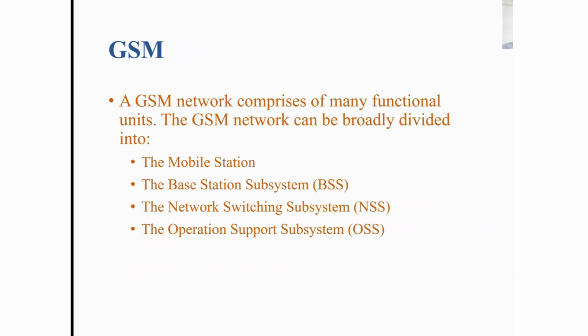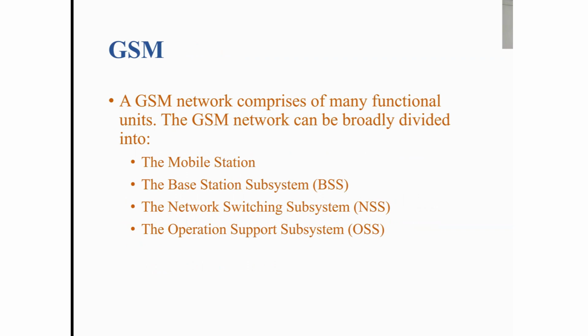And here we're going to see the main components, the major components which reside in GSM architecture. So we already know what GSM is: it's a set of rules which is used in mobile communication. We can call it digital communication.